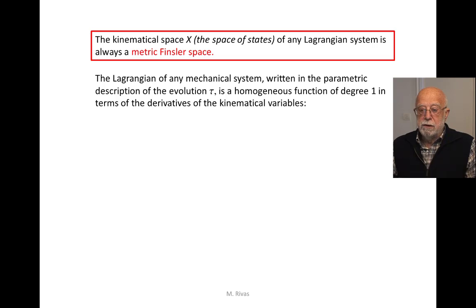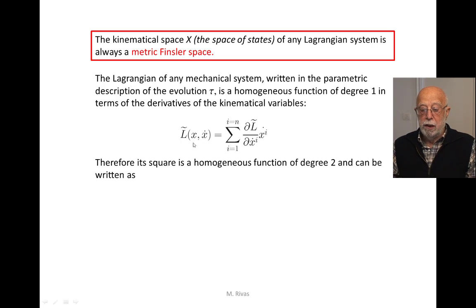Now, you have seen that the Lagrangian of any mechanical system, when we write the evolution in terms of some arbitrary evolution parameter, is always a homogeneous function of degree 1 of the derivatives of all kinematical variables. Well, then we can expand according to Euler's theorem in terms of these variables in this form. Therefore, its square will be homogeneous functions of degree 2 and can also be written in this form.